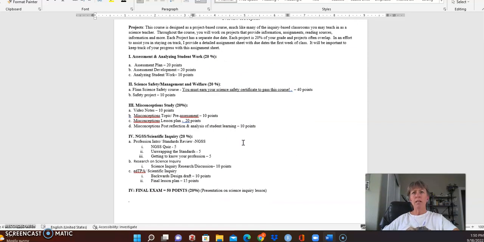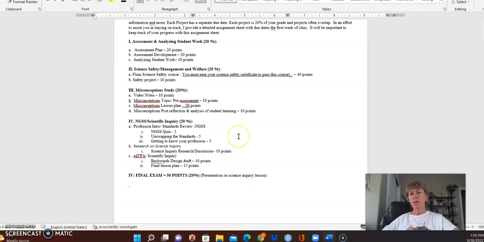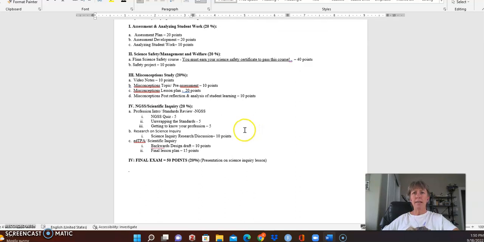That's 20%. You're going to look at how misconceptions or preconceptions contribute to students' learning or may provide obstacles to students' learning. And you're going to learn about the Next Generation Science Standards, now officially called the Oregon Science Standards, and how scientific inquiry is important to how we teach science in the modern classroom.